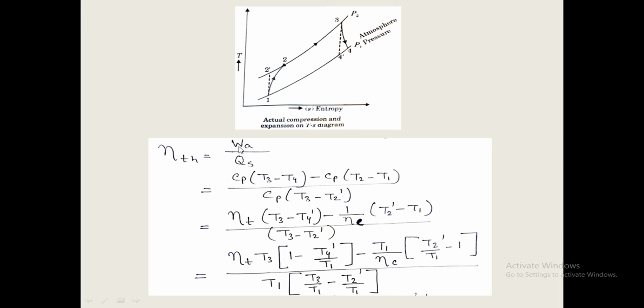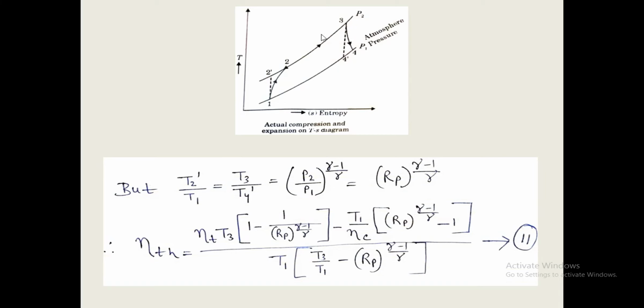Putting the values of the work available per kilogram of working fluid, Cp into (T3 minus T4) minus Cp into (T2 minus T1), by heat supplied Cp into (T3 minus T2 dashed), we get eta T into (T3 minus T4 dash) minus 1 by eta C (T2 dash minus T1), where you can get this value as eta T into T3 (1 minus T4 dash by T1) minus T1 by eta C (T2 dash by T1 minus 1), by T1 into (T3 minus T1 minus T2 dash by T1).